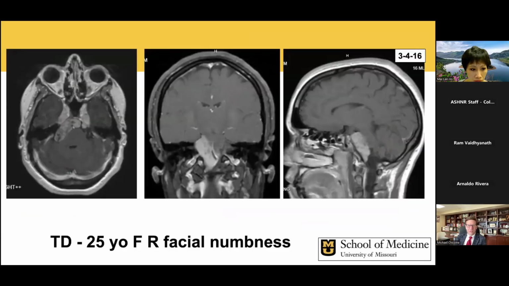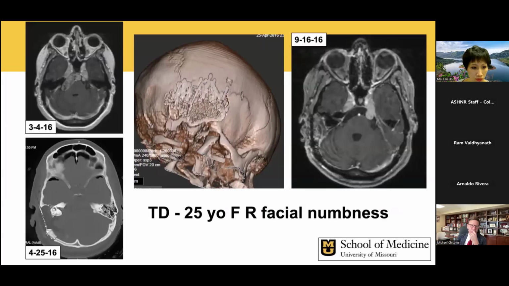Here, this is an unusual case, a young woman with bilateral tumors. She had a SMARC gene mutation. Both she and her young daughter had the same mutation and kind of identical tumors, but a right-sided meningioma, approached with a combination of a sigmoid and pre-sigmoid retro-lab approach.